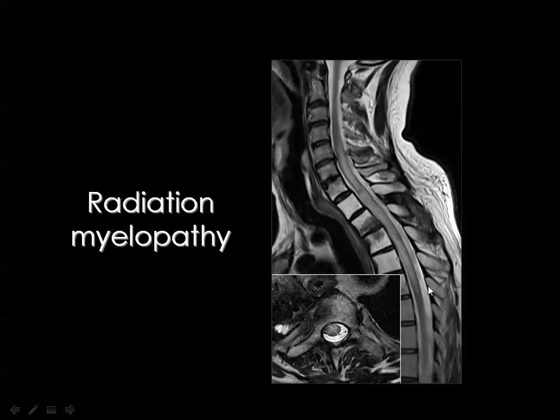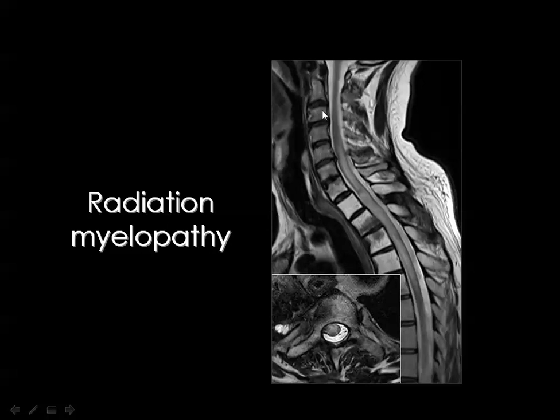sequelae of irradiation from the appearance of the bone marrow of the vertebral bodies. You know that after irradiation there is fatty marrow conversion of the vertebral bodies, which are located in the field of irradiation. Then these vertebrae will be very bright in the T1 and also in the T2 weighted image, as you can see here, compared to the vertebrae outside the field of irradiation.